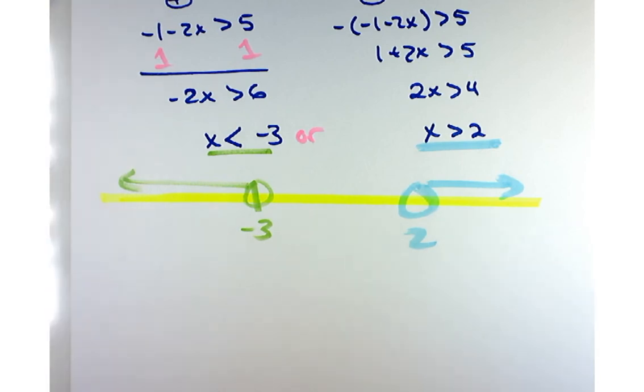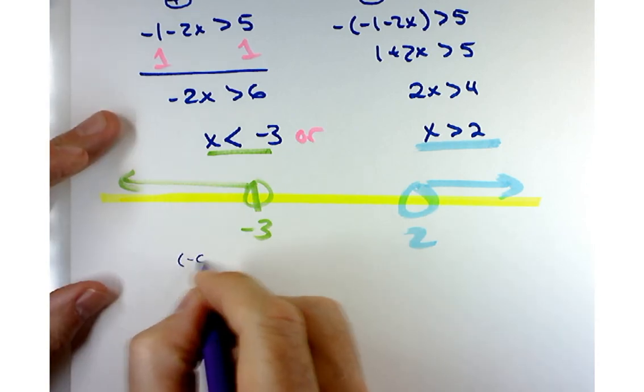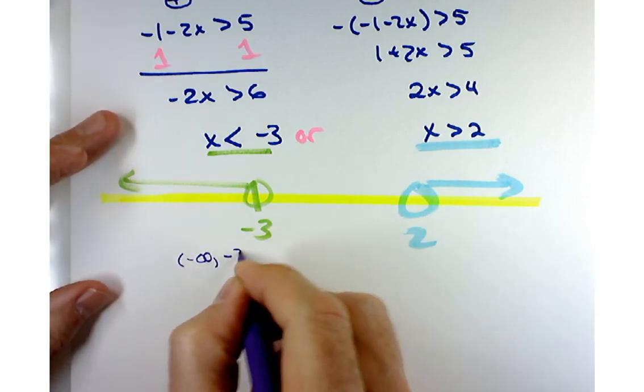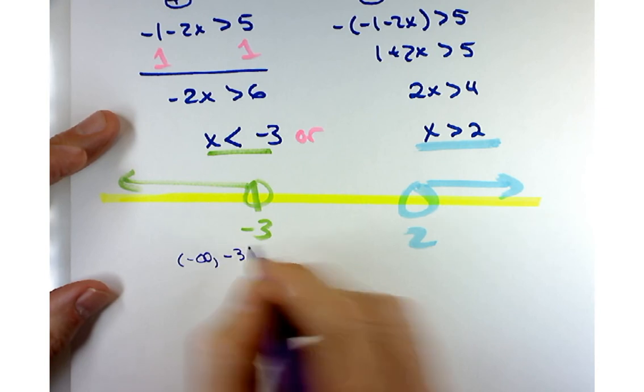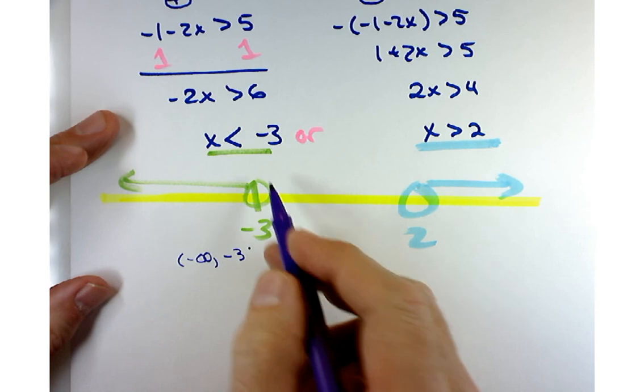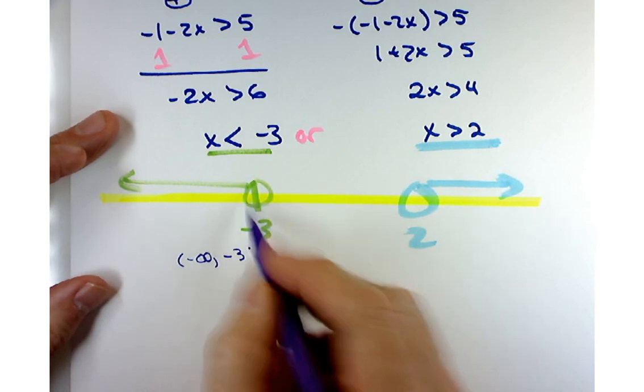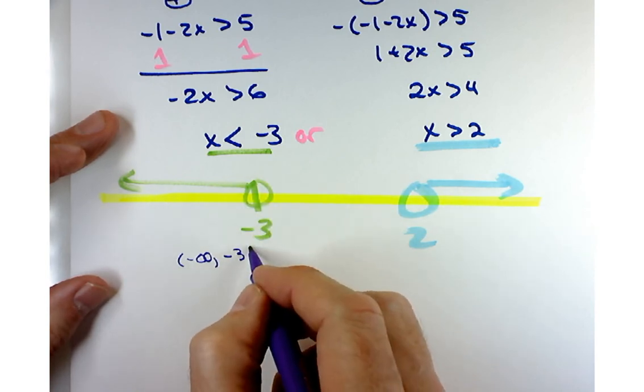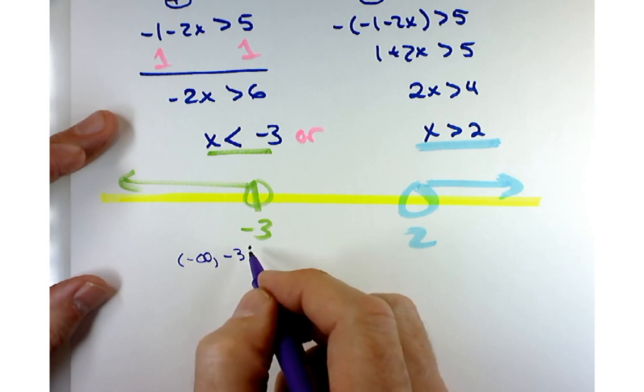We should probably do the interval notation as well. Lauren, what's the interval notation going to look like for this one? So I have parentheses negative infinity, comma negative 3, with a bracket. Bracket or parenthesis? Are we including the negative 3 or not?